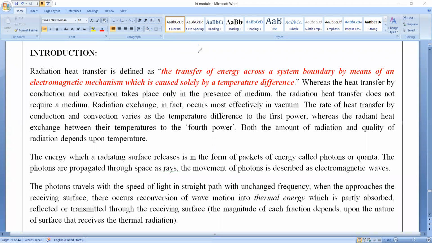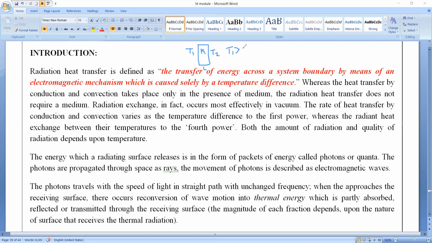If we consider a solid wall which has thermal conductivity K and thickness L, and the walls are maintained at temperatures T1 and T2 respectively, let's also assume T1 is greater than T2.